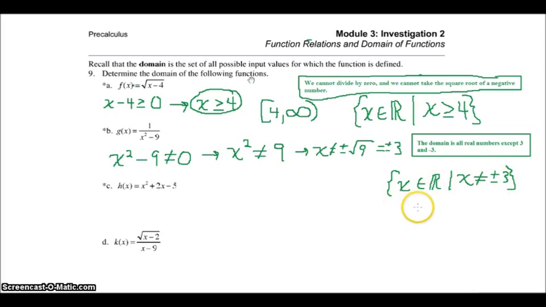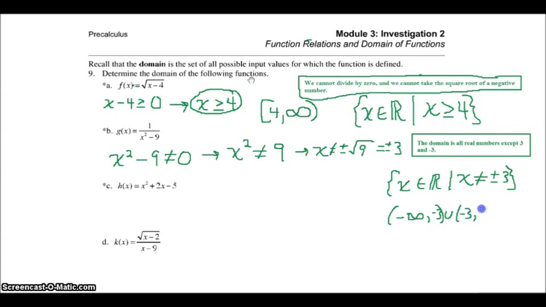that's another correct answer. You could also write interval notation, all the numbers from negative infinity to negative 3, but you don't include negative 3, that's why we have this open parenthesis.